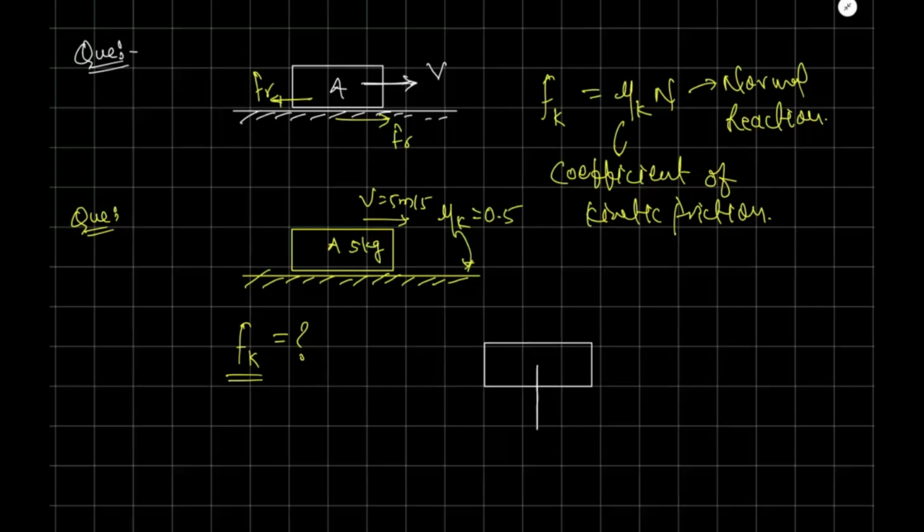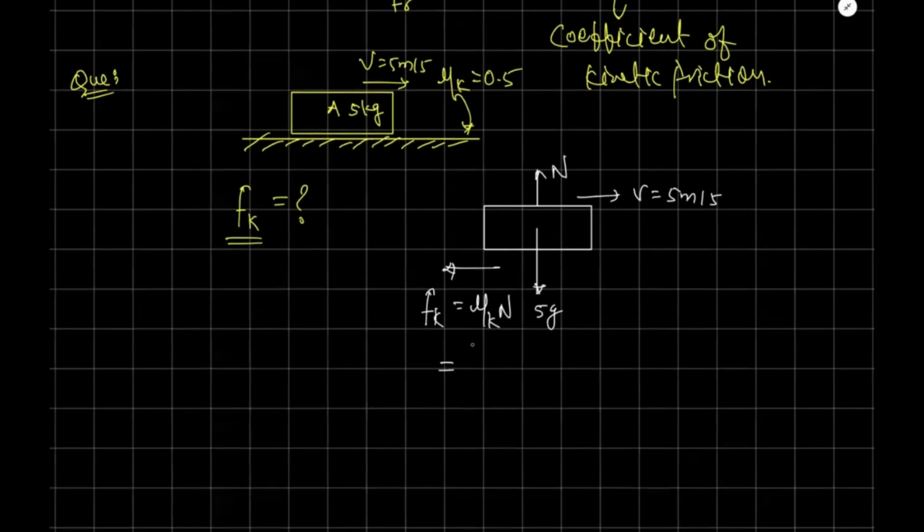Downward there is a force mg, meaning 5g, and at the top there is a normal reaction, say N. It is moving in this direction with velocity 5 meters per second. So the friction force will act in this direction, that is Fk, and the value of Fk is nothing but mu into N. So from here I can say 0.5, and the value of N is 5 into 10. So we get 25 newtons as the friction force.